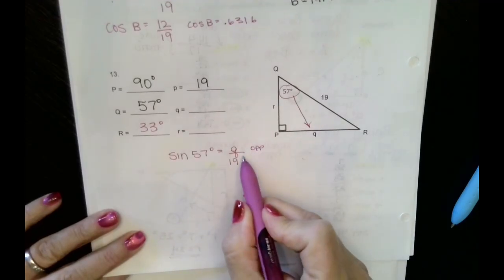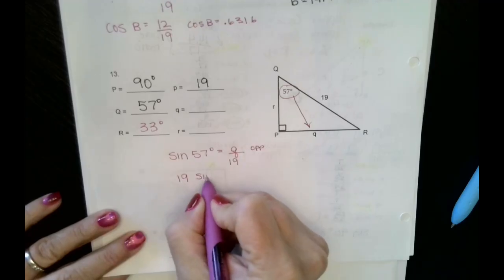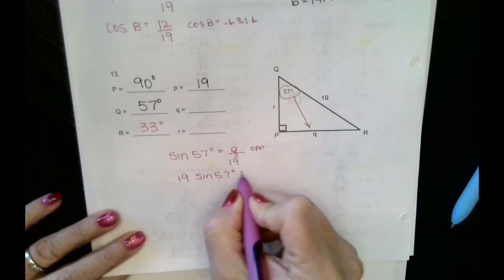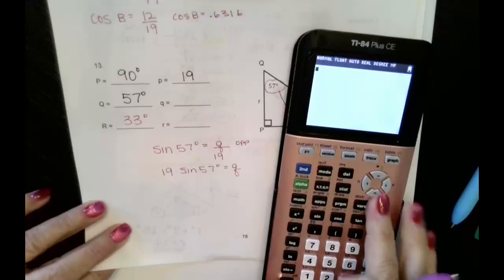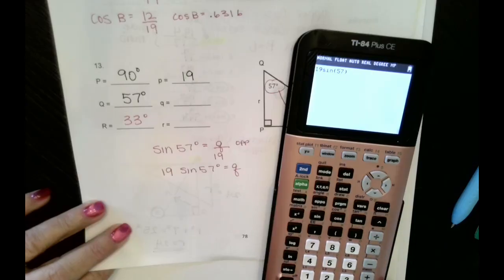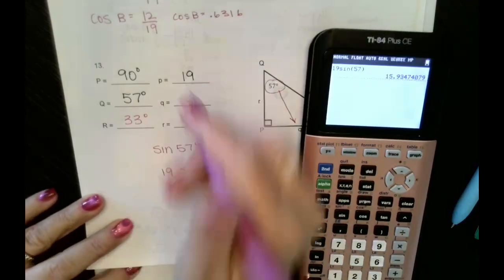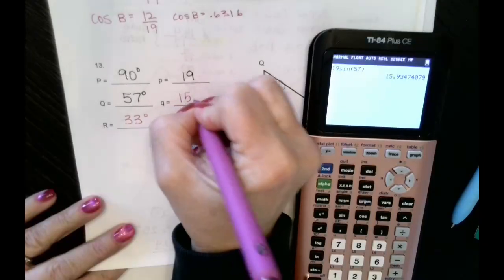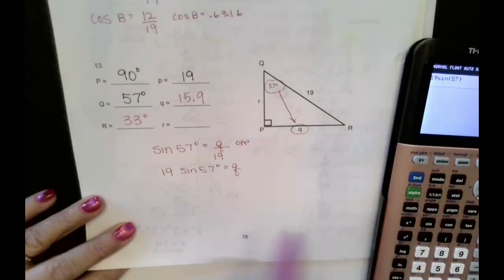Now, if I want to solve this for little q, I'm just going to multiply. So 19 sine 57 degrees equals little q. And when I plug this in my calculator, 19 sine 57, I get 15.934. So 15.9 is the length of this side q right here.